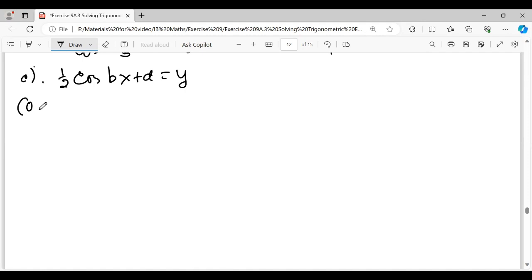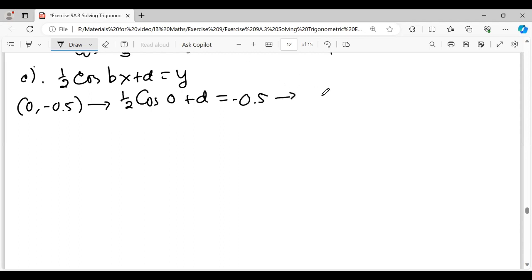If the coordinate point is 0, -0.5, this equation becomes half cosine 0 plus d equals -0.5.